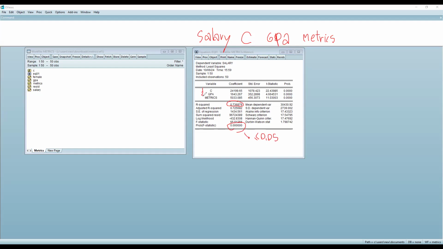So one, two, three. Let's interpret GPA first.